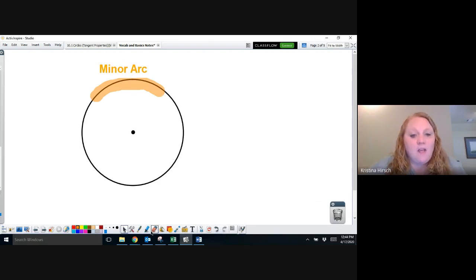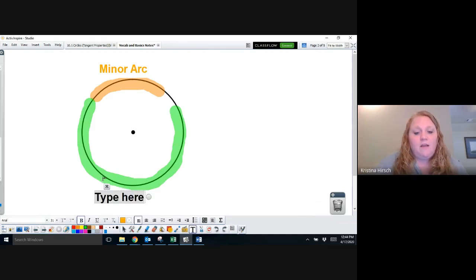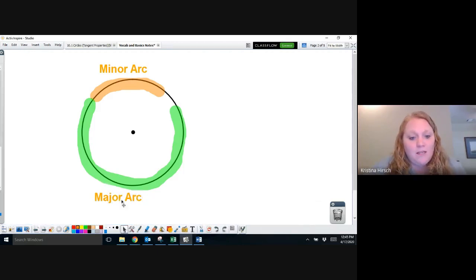Now, if it is more than 180 degrees, something like this, where it goes from here and goes more than halfway. This would be halfway, right? If it goes more than halfway, then that is considered a major arc. So a minor arc is less than 180, a major arc is more than 180.